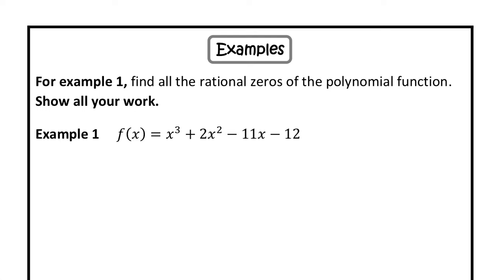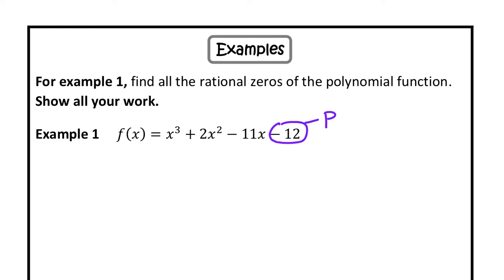Okay, so let's look at this example. It says, find all the rational zeros of the polynomial function, show all your work. So this is going back to that P over Q method. And so remember, the P that we were using was the constant term, the term without an x.